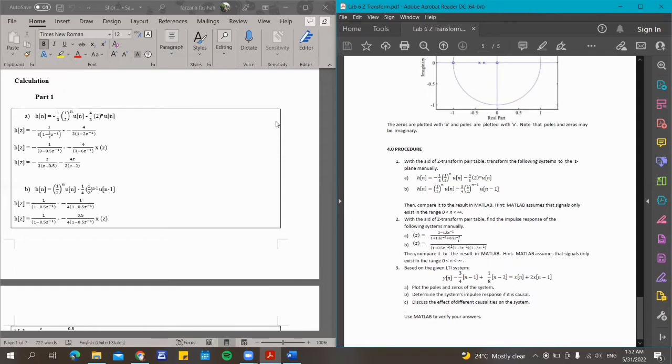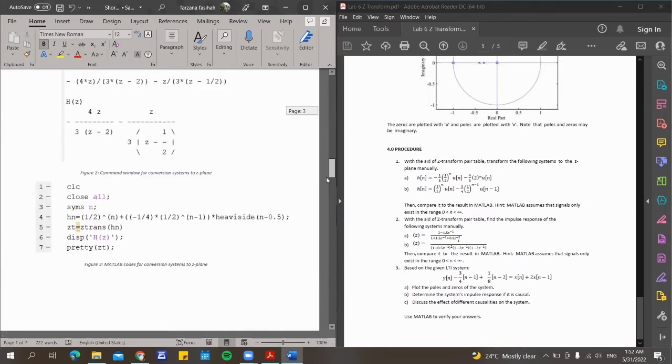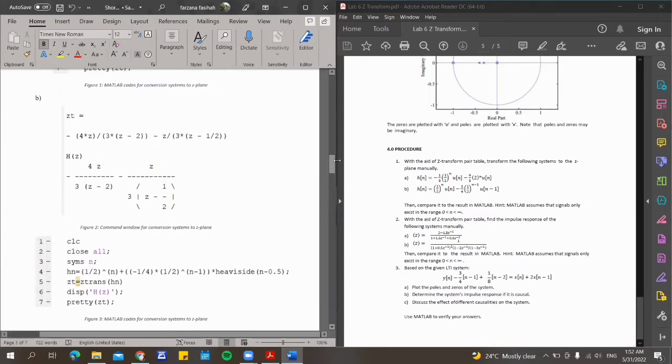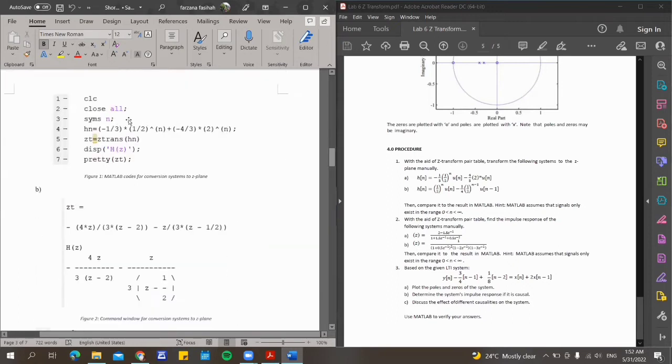After we get the answer from calculation, we need to compare it with the answer from simulation using MATLAB. So this is the code students use in MATLAB. For part 1A, first close all the open files. Syms is the function to create a symbolic variable. h[n] equals the question given here, so just put all the values here.